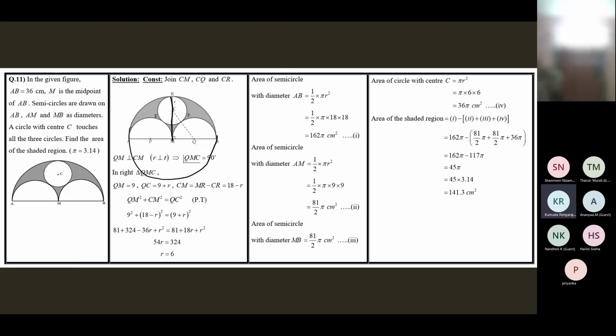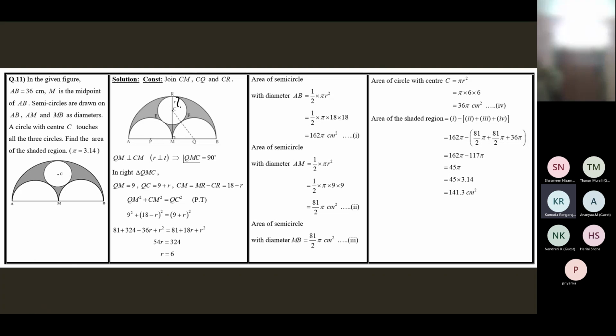For this circle, this is the center and MR is the radius, which is 18 because AB, the diameter, is 36. So this is 18. 18 minus R, where CR is the radius of the circle, minus R will be equal to CM.